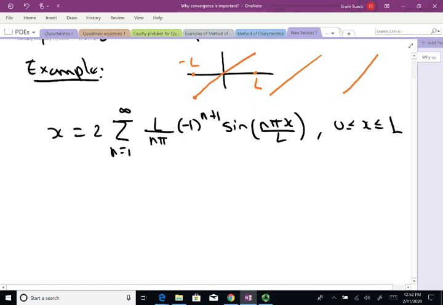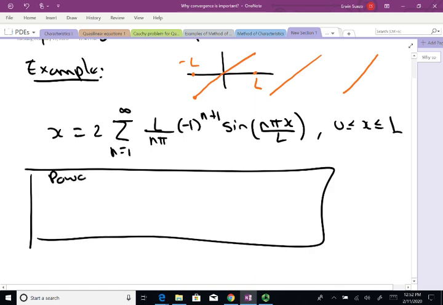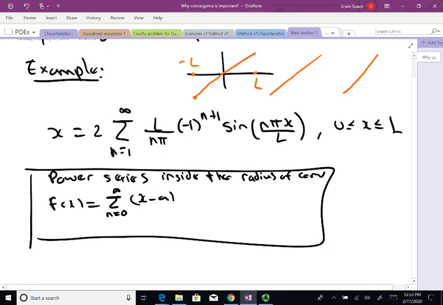Okay. So I don't know if you guys remember, the person that is gonna talk about Taylor's theorem is gonna say that let's say you have a power series, inside the radius of convergence, you have f of x equals the sum n equals, let's say, 0 to infinity of x minus a to the n over n factorial.